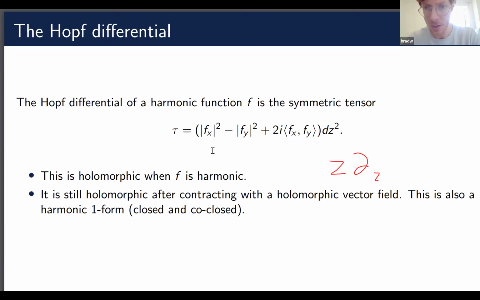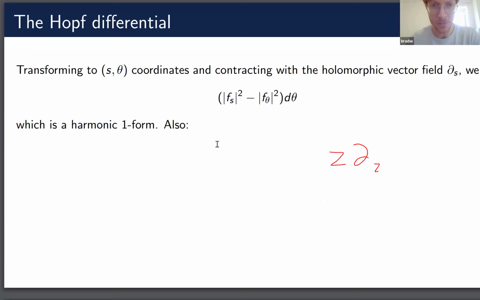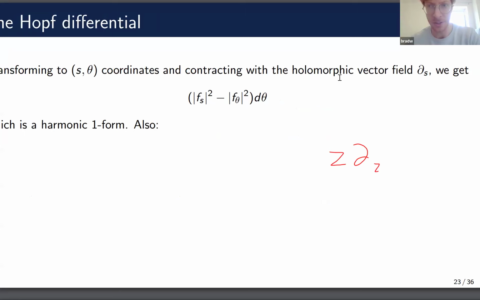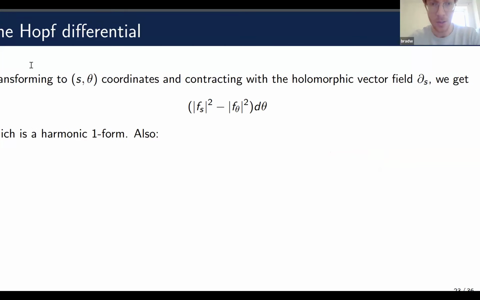Okay. Now, if you translate into the s theta coordinates for this thing, and you contract with the holomorphic vector field del s, which I think is probably the same as what I've just written, you get this. Just this expression here, which is a harmonic one form.